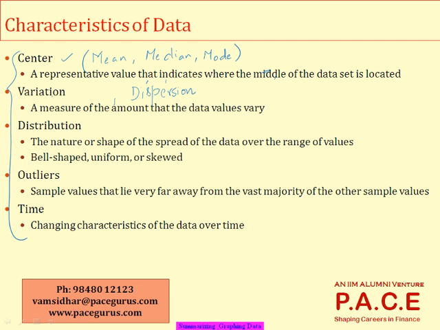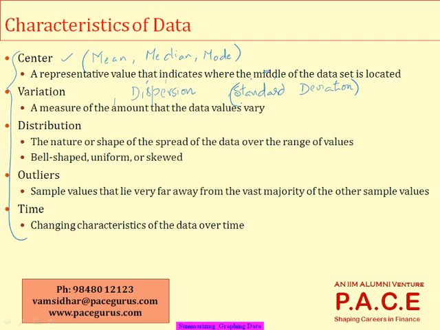We'll come to those calculations at a slightly later point, but we need to have a basic understanding on any data that is given to us. Apart from understanding the context of it, or the sampling mechanism, etc., any data that we come across, we should be able to find out the centeredness of it, then the variation in it, then the distribution.